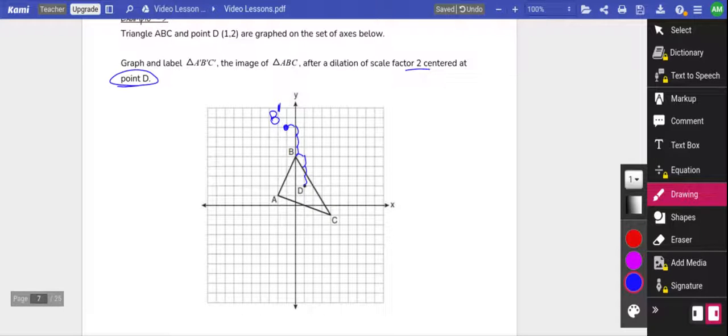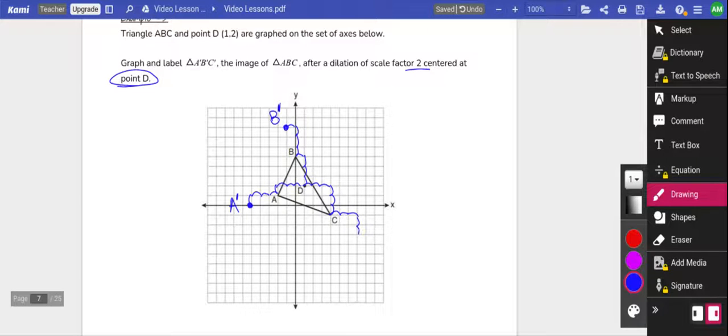That didn't seem much different from what we've done before. Let's try again. Let's go to A. Left 3, down 1. Left 3, down 1. A prime. Nope, that still seems very similar to what we just did. All right. Point C. Right 3, down 3.